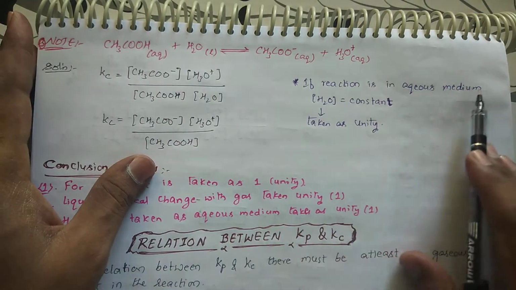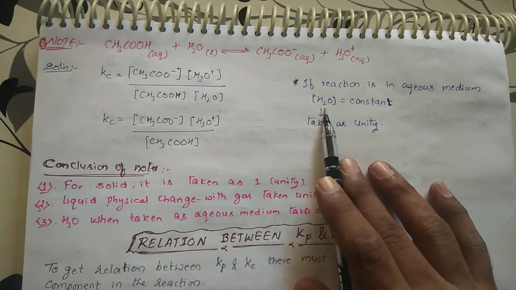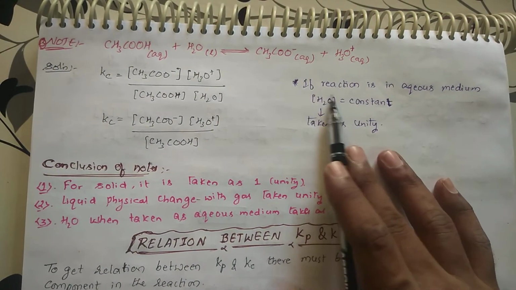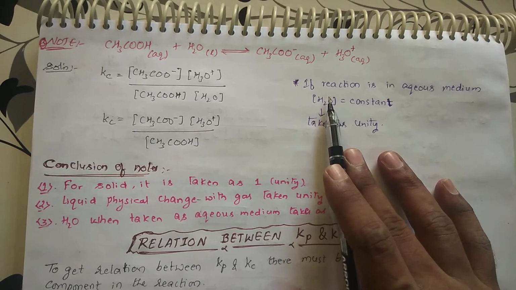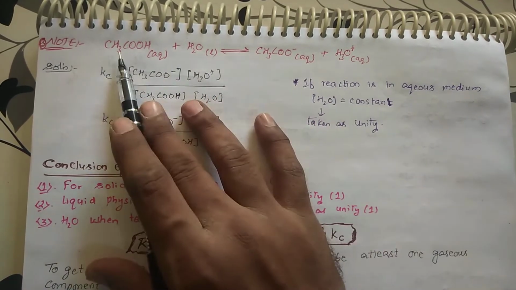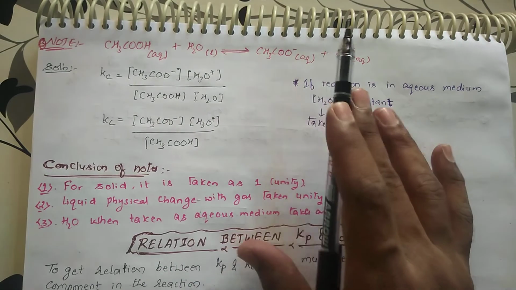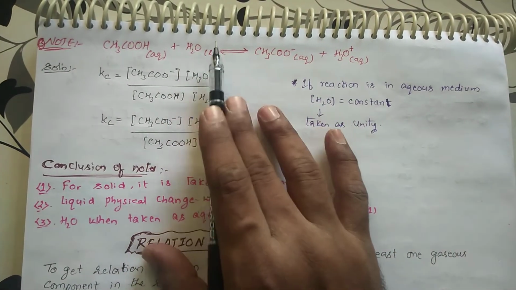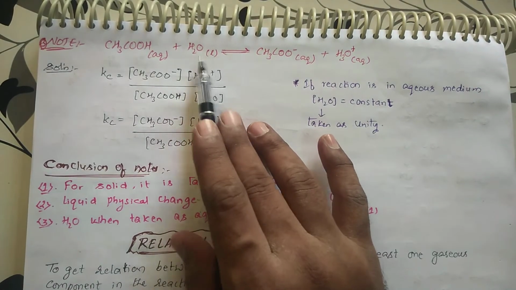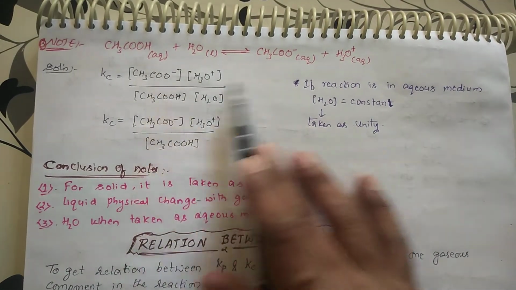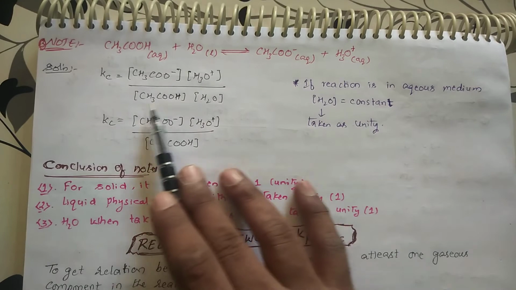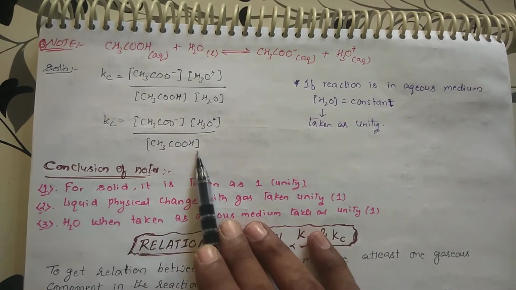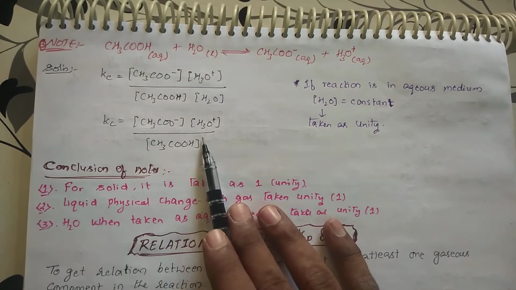If the reaction is in aqueous medium, the solvent will be taken in huge quantity, so that the reaction will come soon into equilibrium. Whenever water is taken as a solvent, then also it is taken as unity. So Kc is the concentration of CH3COO minus times H3O plus by CH3COOH. This is the way of writing this one.